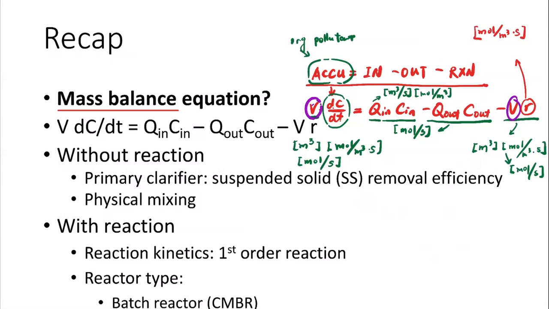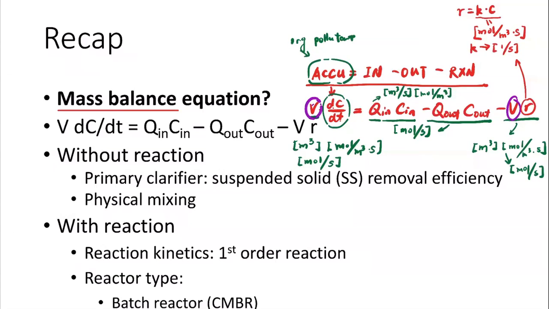What this means is for a first-order reaction, where R is equal to K multiplied by C, K multiplied by C is also going to have this unit. We know that C has a unit of mole per meter cubed, right? So what that means is K is going to have a unit of 1 per second, all right?